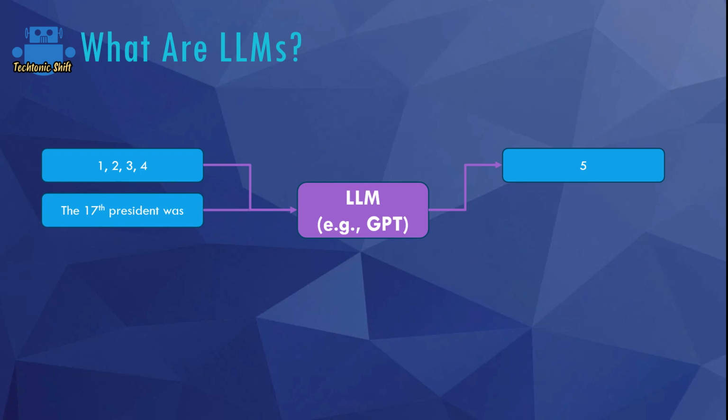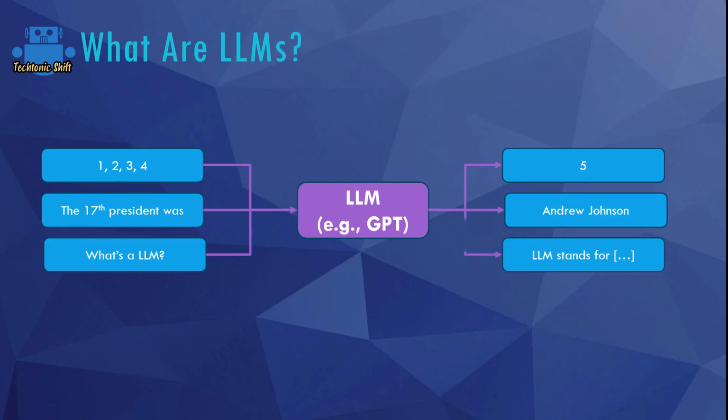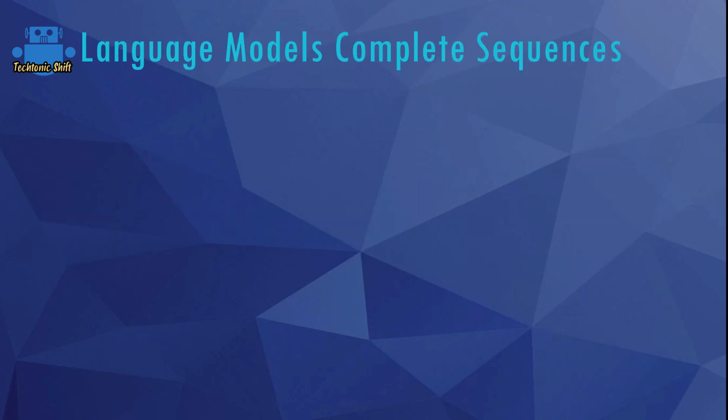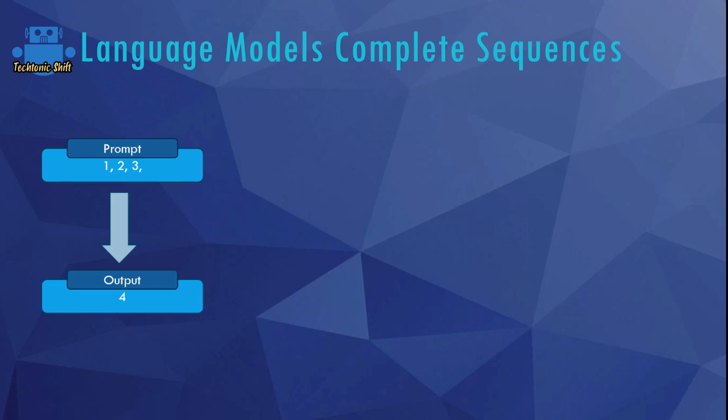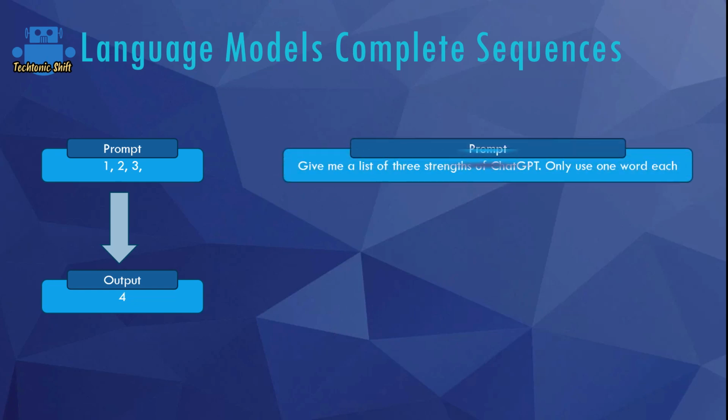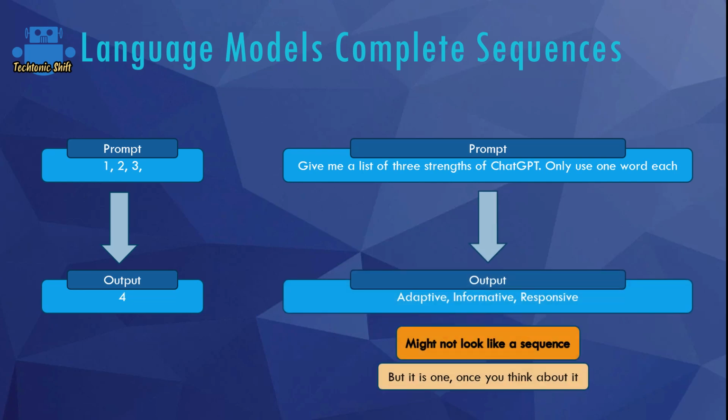This could be a sequence of numbers, or any kind of sequence, including one where you ask a question, and the continuation of that sequence is the response to that question. So, large language model sequences are not just simple sequences like a sequence of numbers, but can also be more complex sequences that might not look like sequences at first, but are also logical sequences if you think about them.